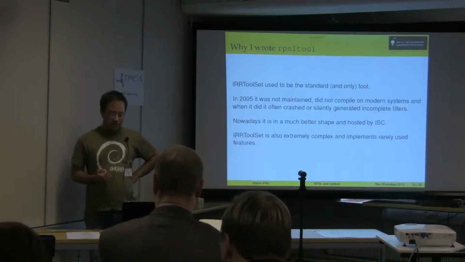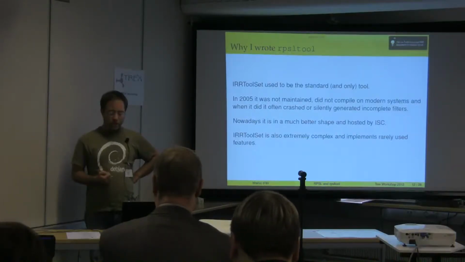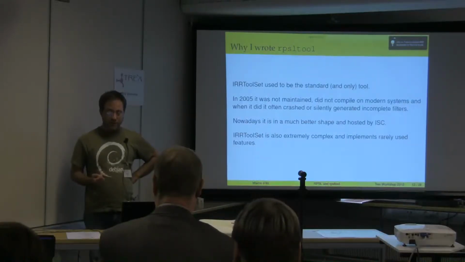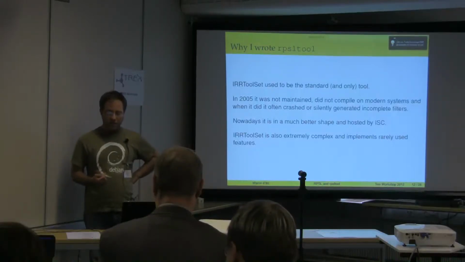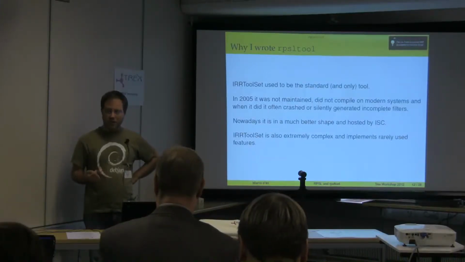It is a very complex software, and at the time when I tried to use it, it was unmaintained. It did not build on modern systems. With a lot of hacking, you could make it compile, but then it just crashed or generated incomplete filters, which is quite bad, because then you will start rejecting good routes from your peers.